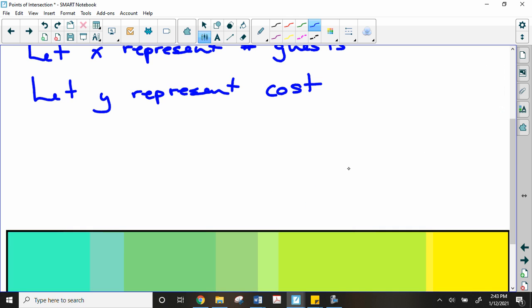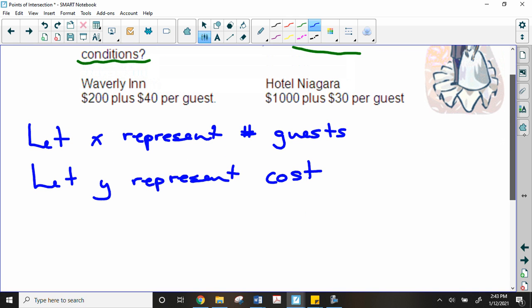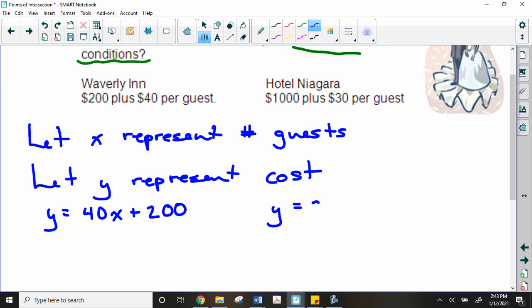Okay, so Waverly would be Y equals $40 per guest plus a flat rate of $200, whereas Hotel Niagara would cost us $30 per guest, but a flat rate of $1,000.